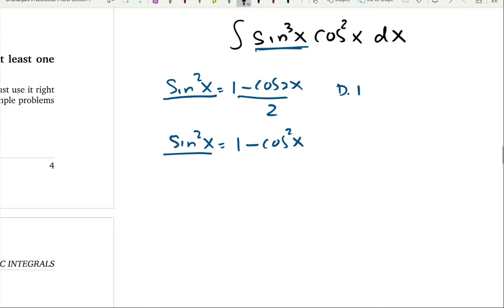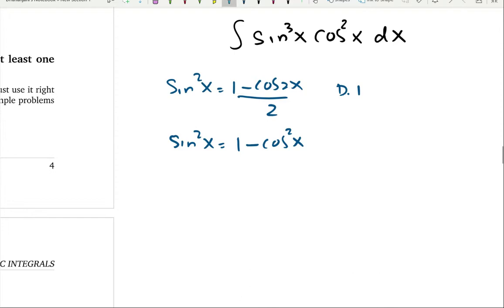You can, but it's going to look messy. If you were asked to create sine to the power 4, then you can just square it. Any even power is fine, we saw that in the previous video. So really, when you have an odd power, either identity is problematic. So what are we going to do here?